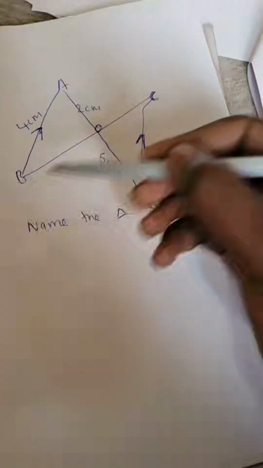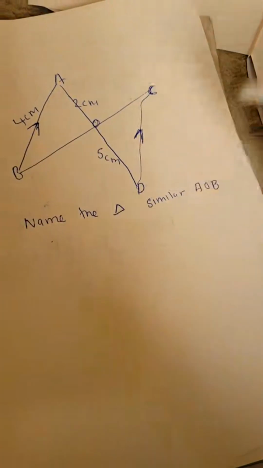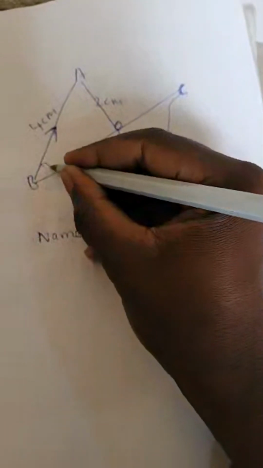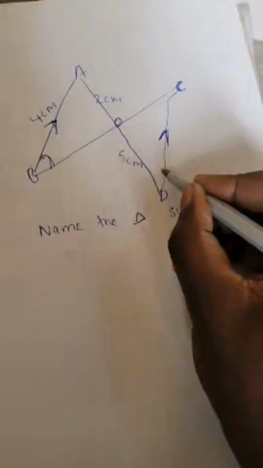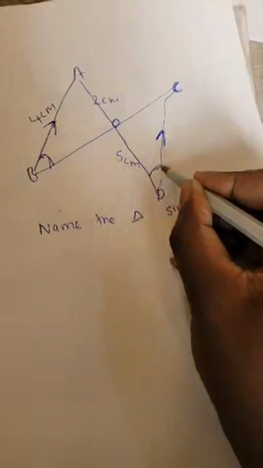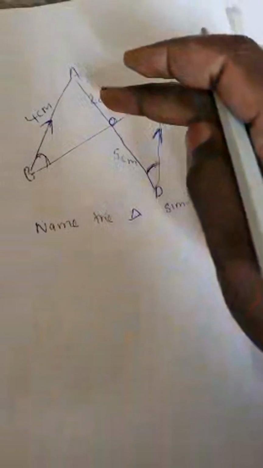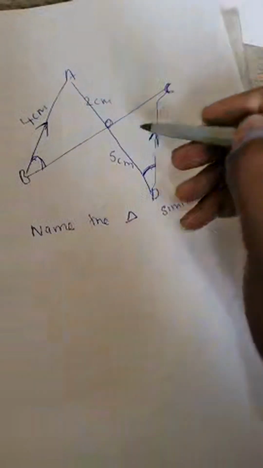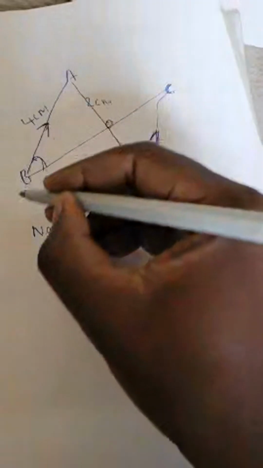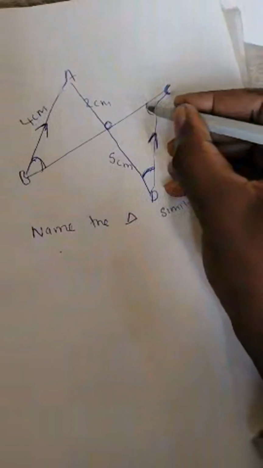So right here we have 2 parallel lines, so Z angles are formed. These are alternate angles, or Z angles, and this angle right here and this angle right here are equal.